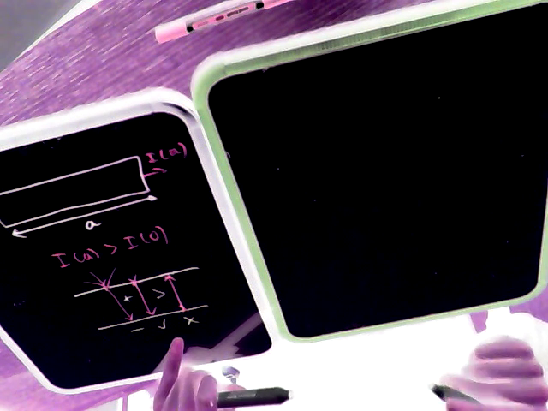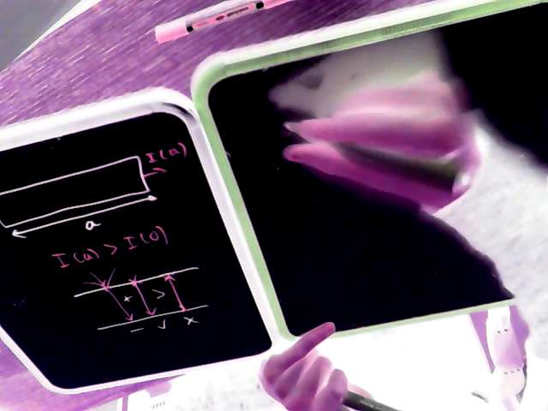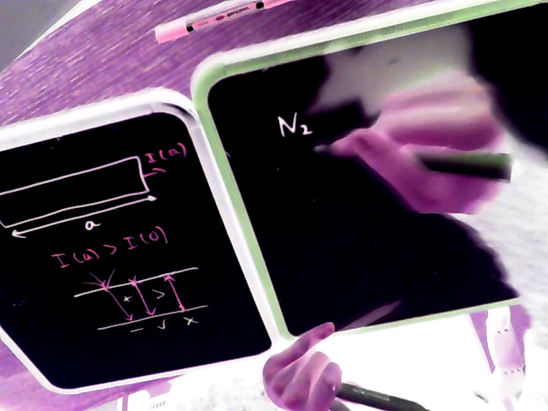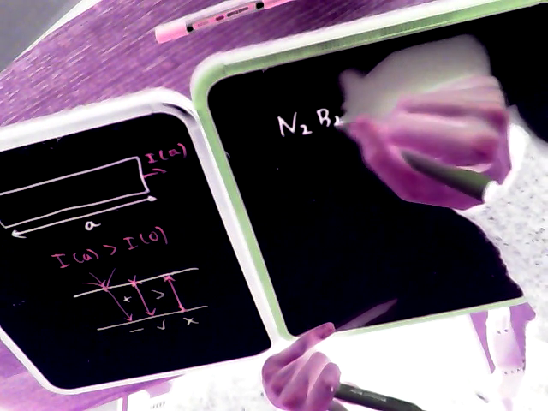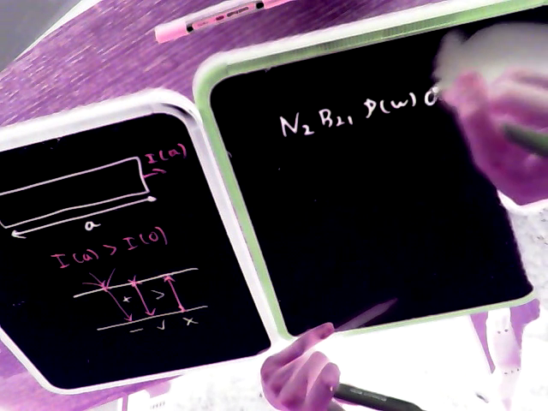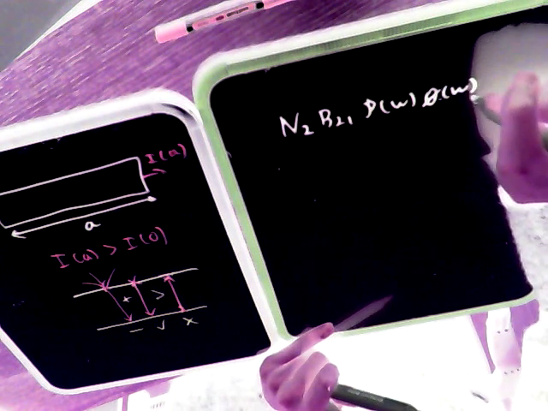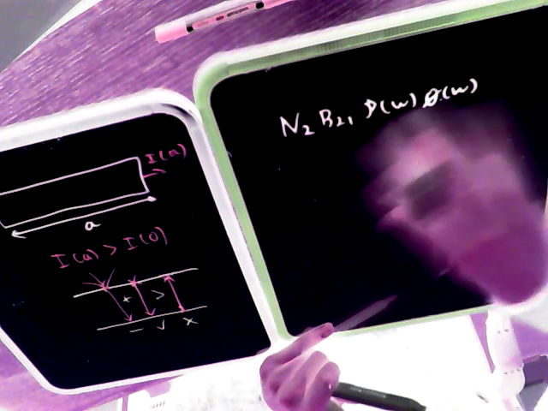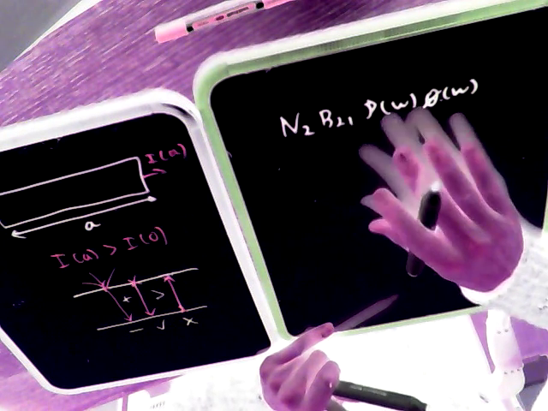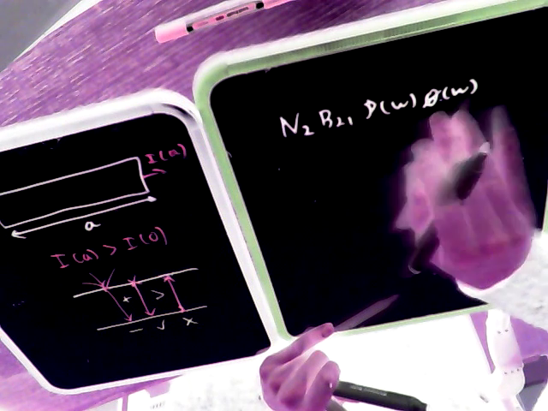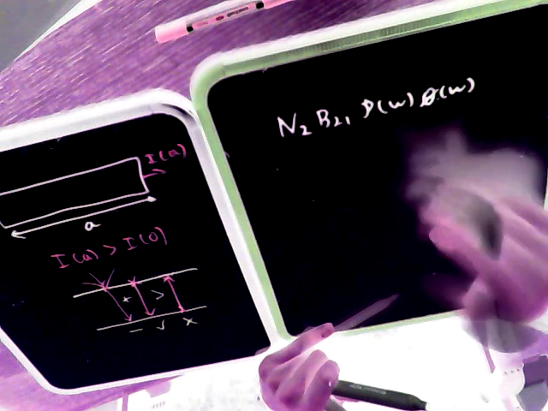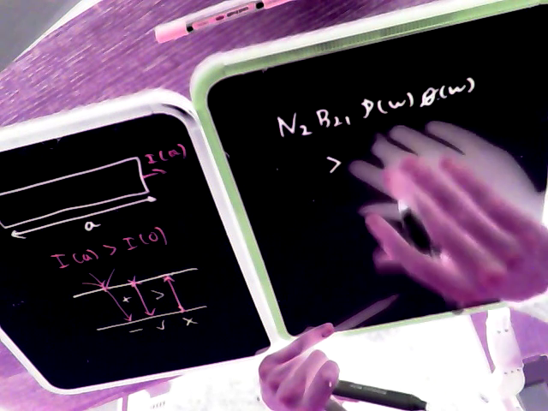Now, stimulated emission occurs at the following rate per unit volume, given by N2 times B21 times rho omega times phi omega. I'm going to drop the d omega we had in the last video and assume that this is roughly a Dirac delta function, so that when you integrate over omega, you basically get this. You can also assume we're dealing with specific intensities.